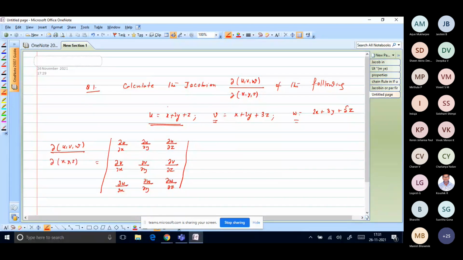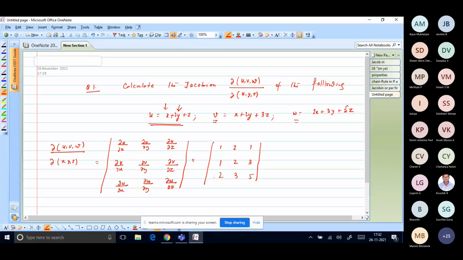When u is differentiated with respect to x, I will get 1, with respect to y, I will get 2, then 1. Similarly, v: 1, 2, 3, then 2, 3, 5. I have to find the value of this determinant.